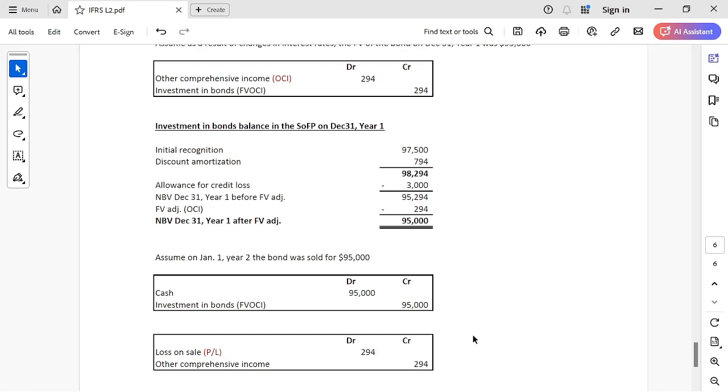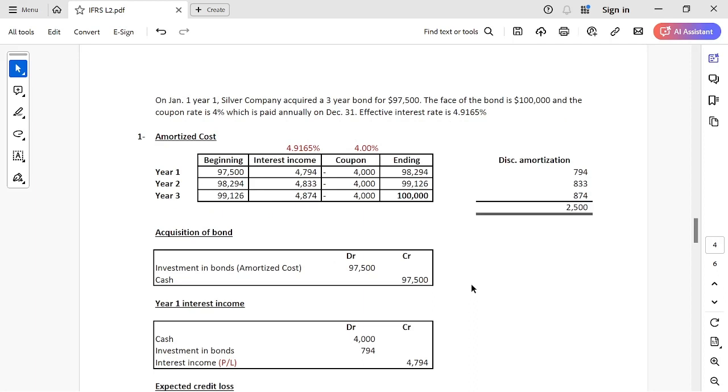Let's say we didn't sell it, what's going to happen? We're going to be collecting the 100,000, the face value, at maturity. So if there are write-ups and write-downs sitting in OCI, these are going to be reversed because they are not going to be used. We're just going to receive the amount of 100,000 at maturity.